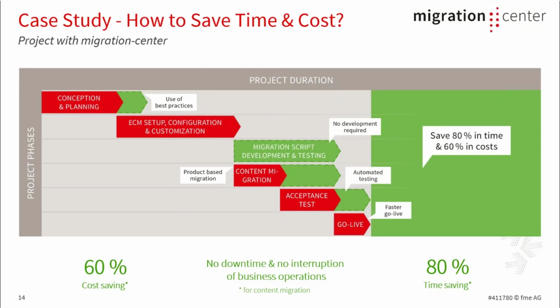All these different capabilities and approaches we implemented in our software allow you to save about 60% in cost and about 80% in time during your ECM project, especially for the content migration part.